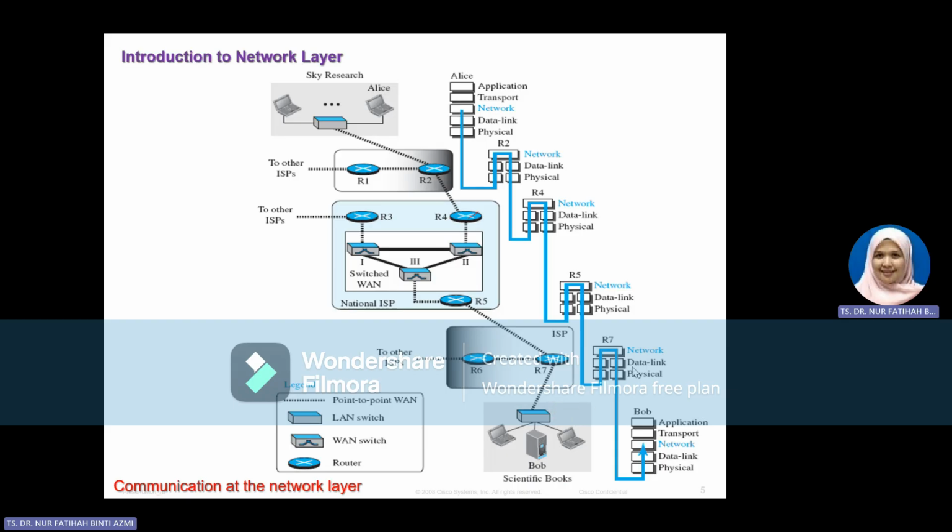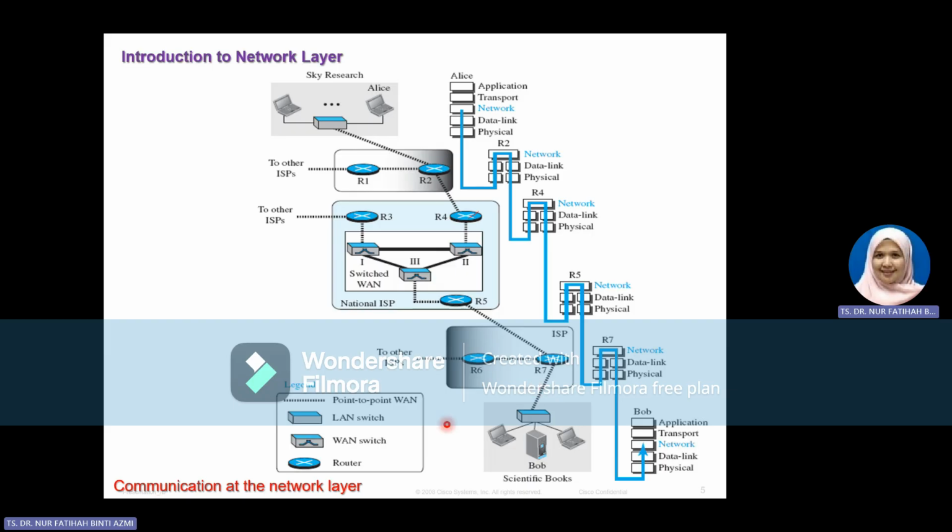Like Alice, Bob also has a system that moves the data upward from the physical layer to the application layer. We can also see this dotted line is a point-to-point link, which connects the routers.